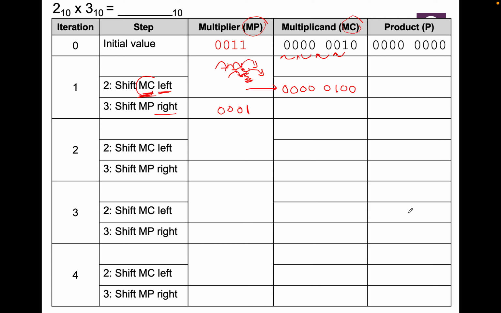Okay, now you can see here. Next, you're going to bring it up, and what you need to check is the last bit of your MP. Still it is 1. Because it's 1, what you need to do is add P with MC.